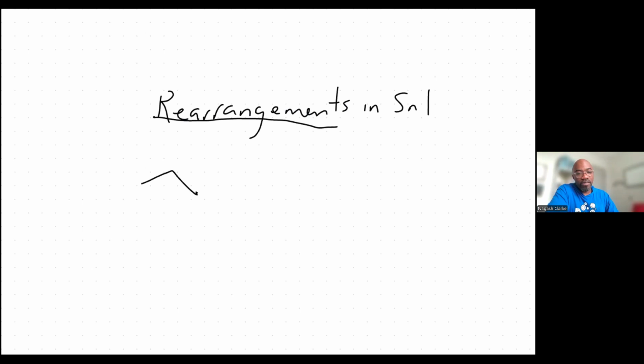So rearrangements occur in order to stabilize the carbocation, right? They don't occur just randomly. So for example, let's say we have this alkyl halide. It's a secondary carbocation after the leaving group leaves. What can happen is a hydrogen on an adjacent carbon can shift.